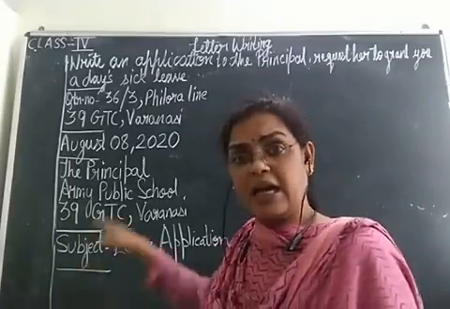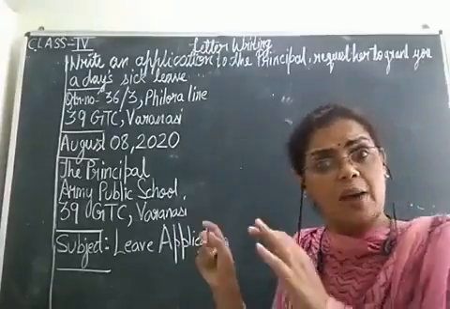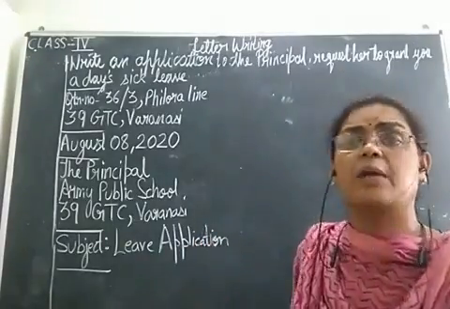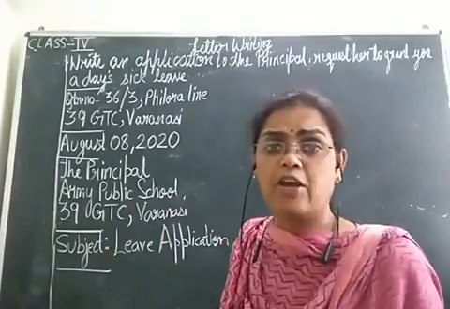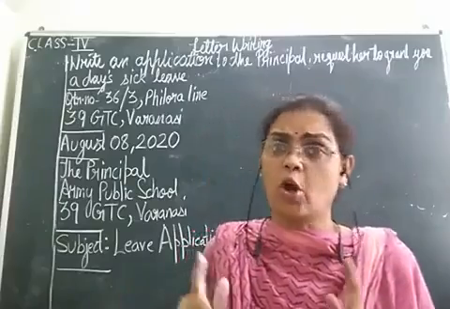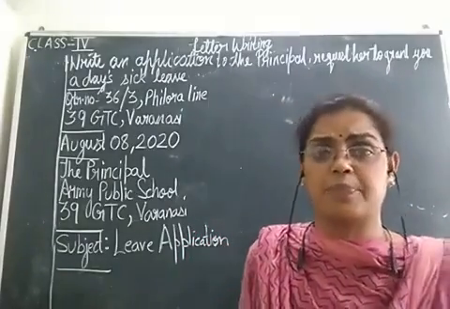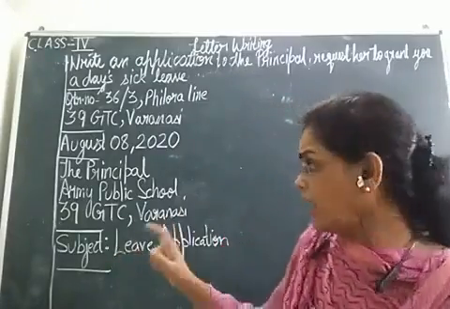Then the receiver's address, and who's going to receive your application? The principal. Then again I'm repeating, principal's P should always be capital, and the spelling of principal, please learn by heart. I'll be asking in your online classes the spelling of principal, and each child should know it. Fine.